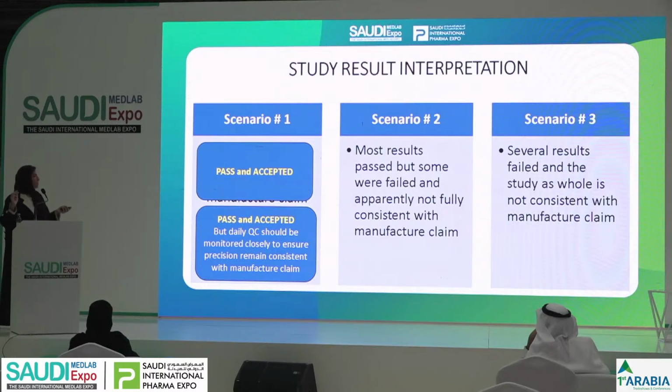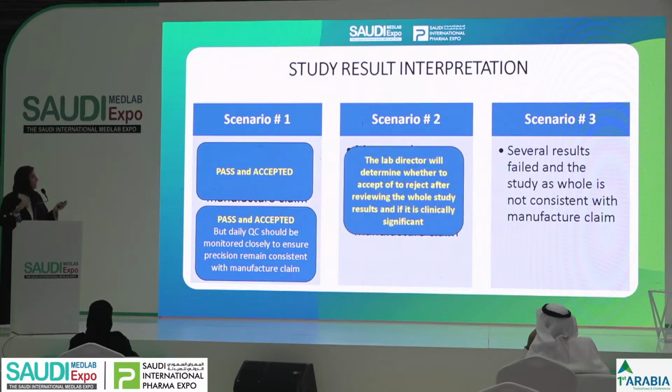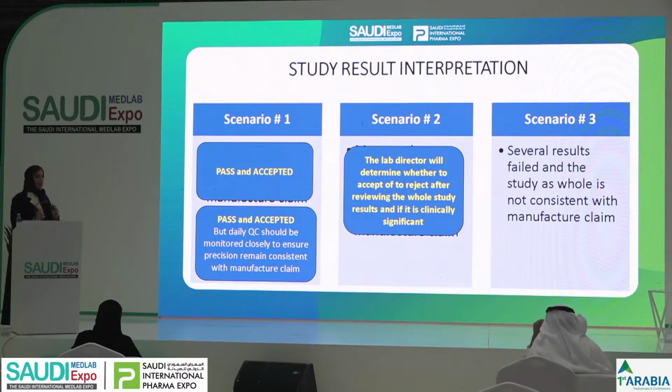In the second scenario, it is the lab director's decision to accept or to reject. If there are some outliers, he will review the results and make his decision. If these changes or outliers are significantly important or will harm the patient, here we come to the ethics, doctor.